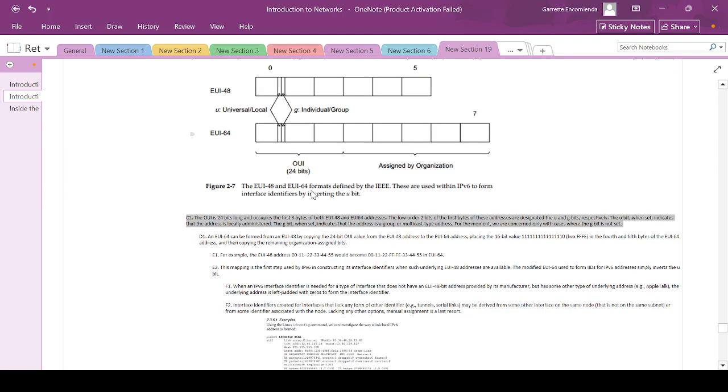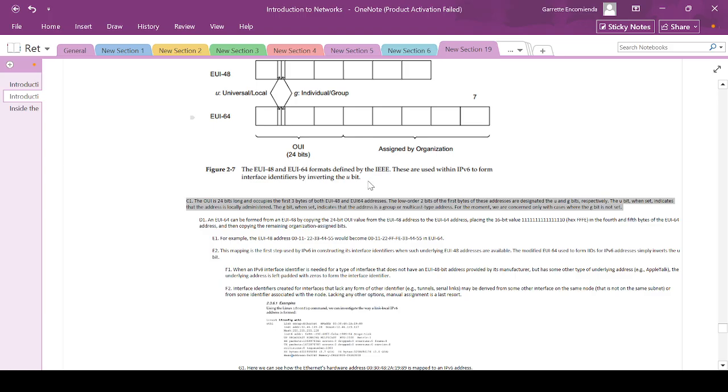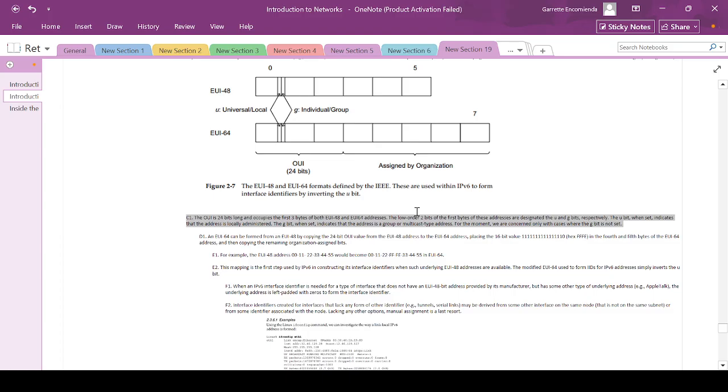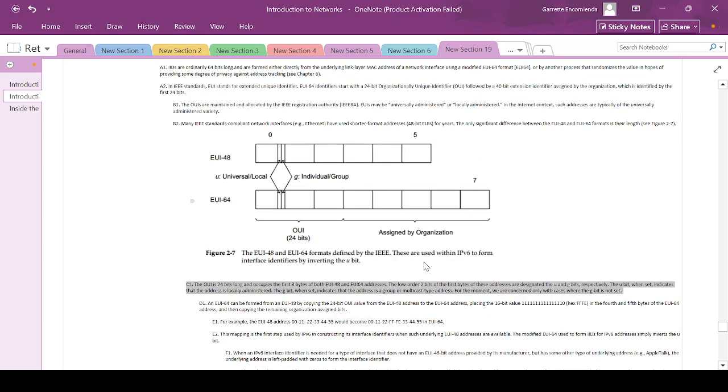The EUI-48 and EUI-64 formats defined by IEEE are used within IPv6 to form interface identifiers, or the IID, by inverting the U bit.